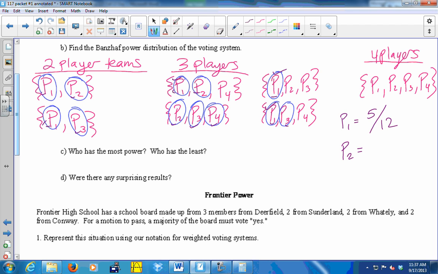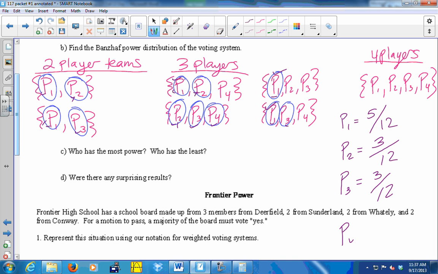Player 2, out of 12 times, player 2 was critical 1, 2, 3 times. 3/12 of the power. And that fraction can be reduced. I'm going to leave it for now. I'll reduce them later. Player 3 out of 12 times is critical 1, 2, 3 times.